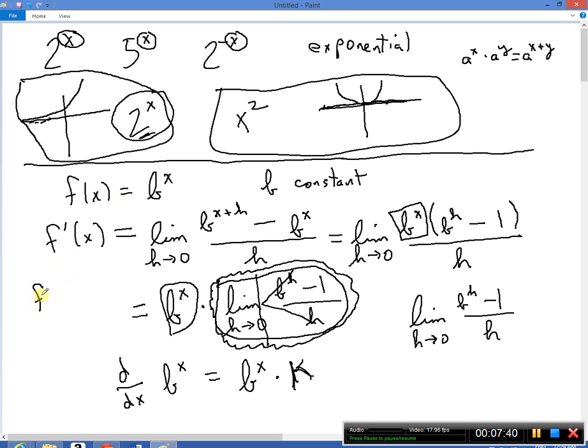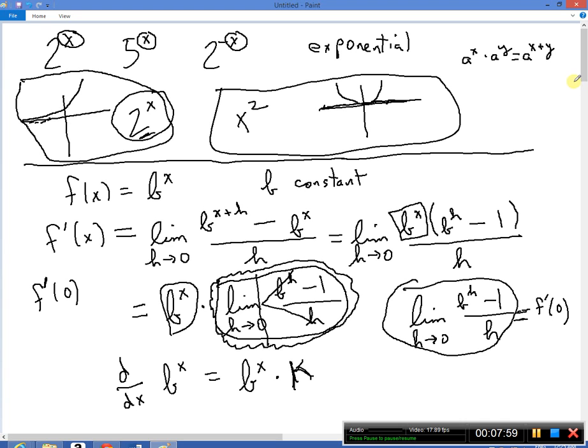If you were to write f prime at 0 for this exponential function and write it out in the h form, this is what you'd get. So this quantity is f prime at 0.